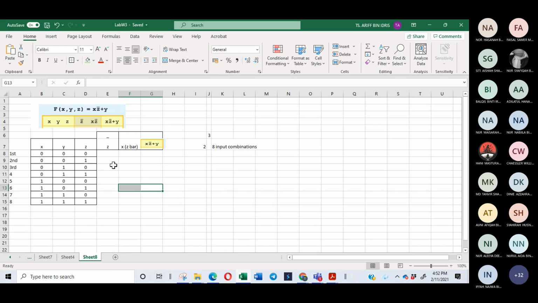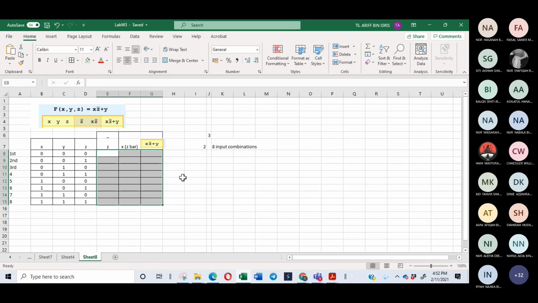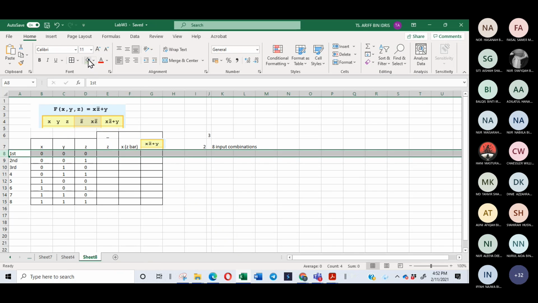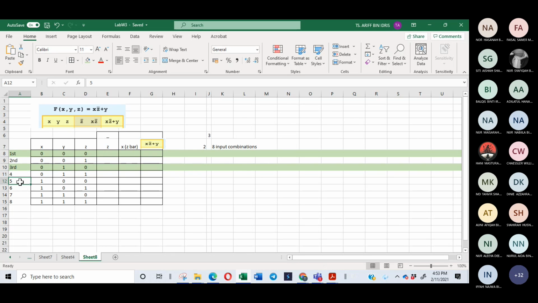So we try to solve this answer one by one, from input combination 1 until the final input combination. I differentiate using different colors: the even input combinations I put as white color, and the odd input combinations I put as green color.